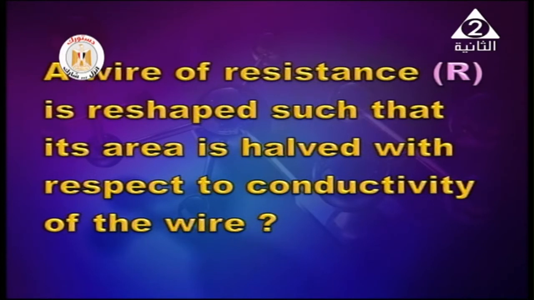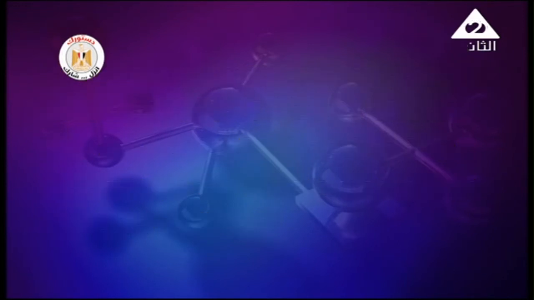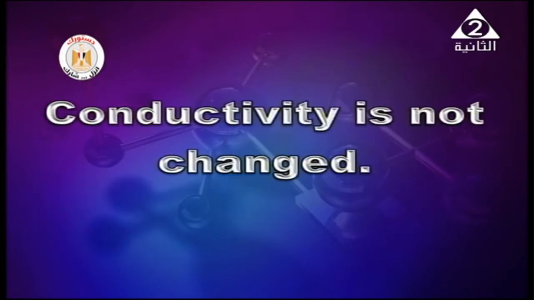Conductivity and resistivity depend only on temperature and material, and both factors are unaltered, unchanged. We are changing dimensions of the wire, and this will not affect conductivity or resistivity. So conductivity remains unchanged.